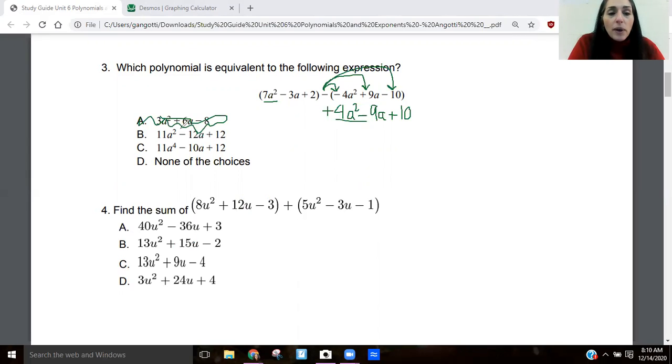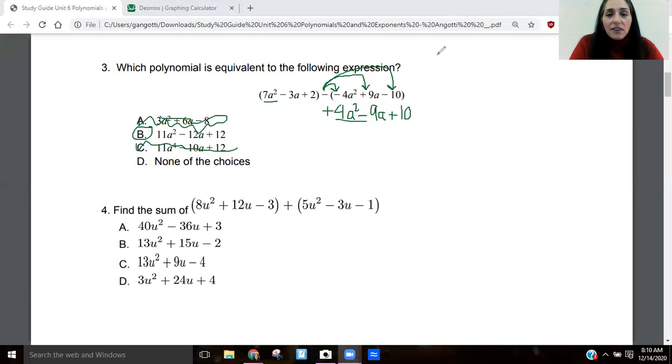That is -12. So it looks like B so far, definitely not C. There was a little 4 right there, wasn't there? So definitely not C. And then let's see if the last one works out. 2 plus 10. Yeah, 2 plus 10 is 12. So B is your answer for number 3.